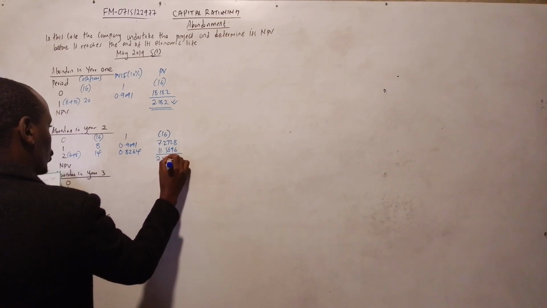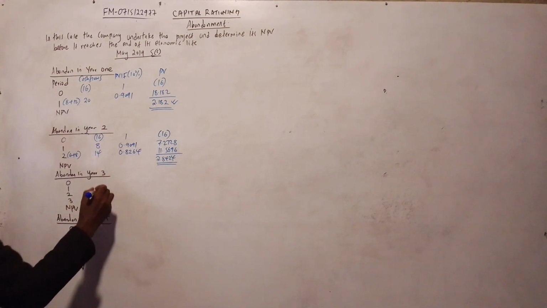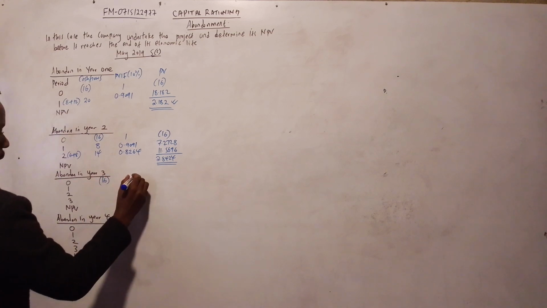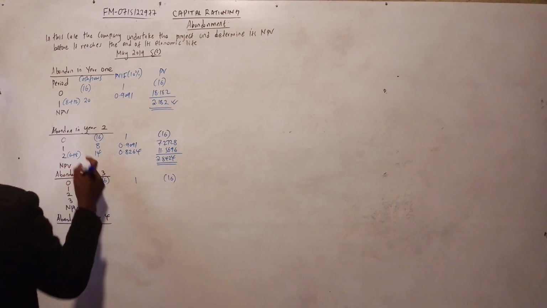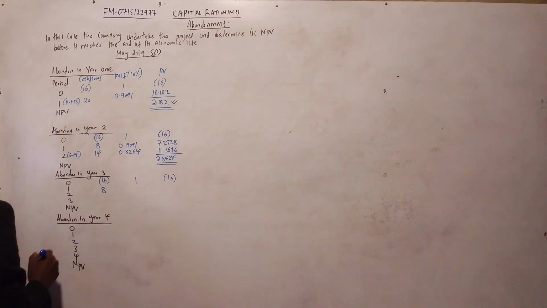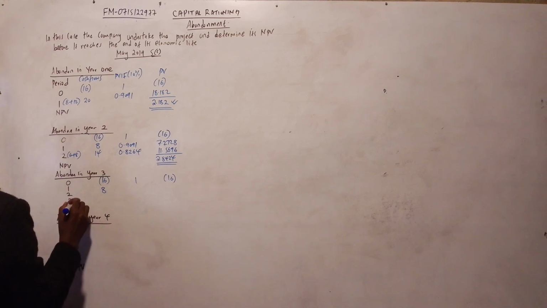Abandoning in year 3, as usual, is 16. Year 1 we take 8 only. Year 2 is 6 only. For year 3 we need to pick the two items, 5 plus 6, which gives us 11 when you add the two.